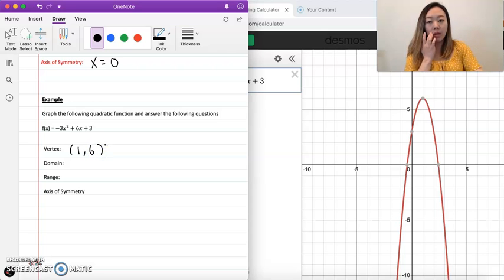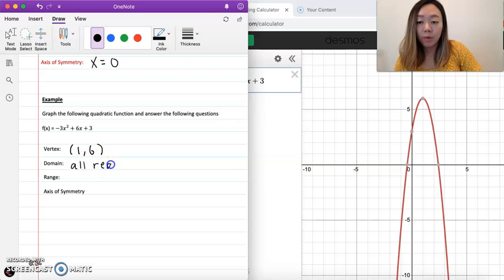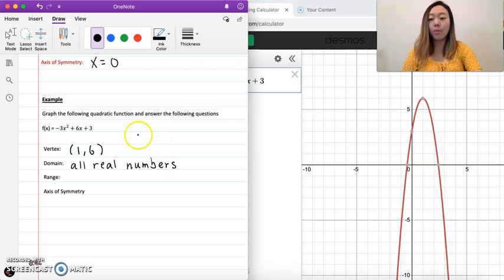And then domain. Domain is your x values that your graph covers. This graph goes to the left forever and to the right forever. So here we call that all real numbers. Same thing as the example that we saw before. And then next we have range.